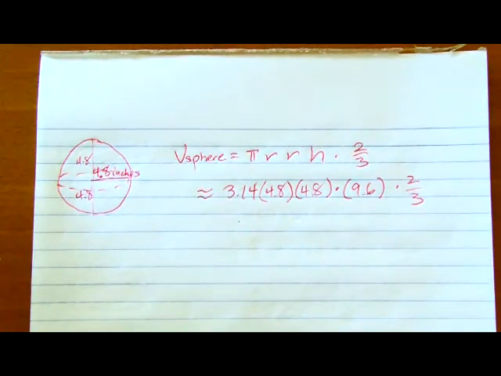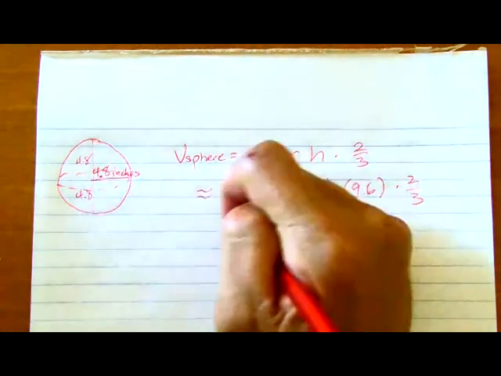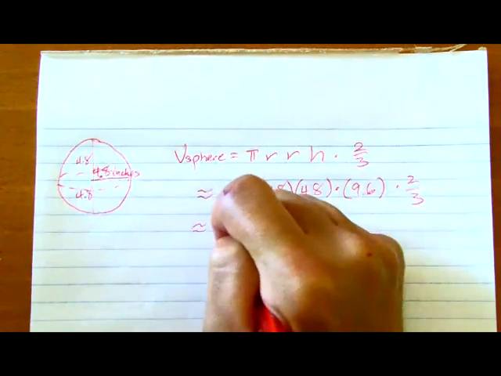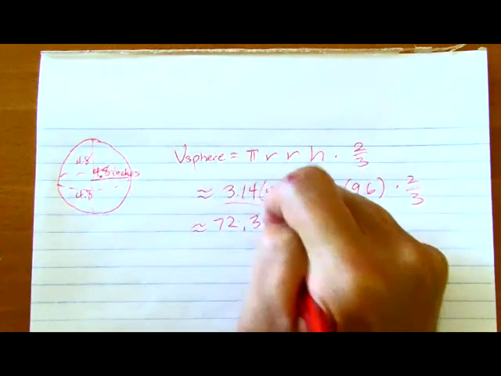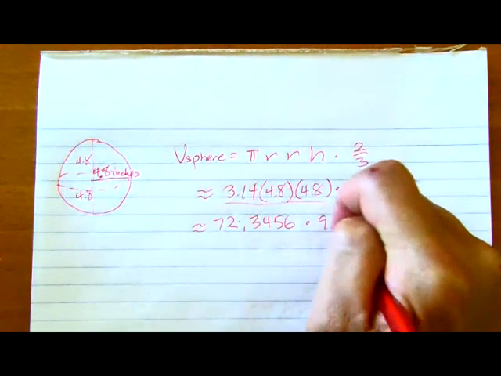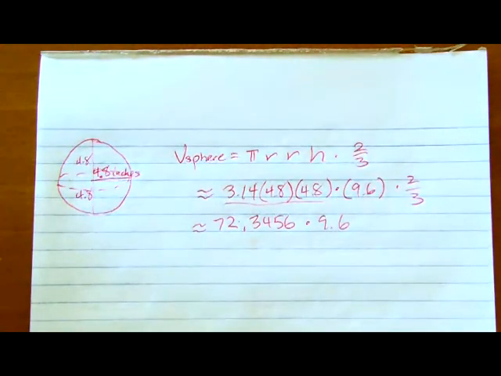Okay, let's calculate that out. 3.14 times 4.8 times 4.8. Okay, so this part, the one layer, comes out to 72.3456. We'll multiply that by the height to get the cylinder, times 9.6.